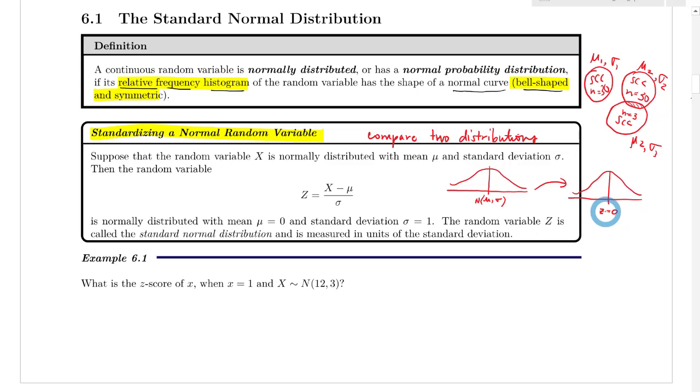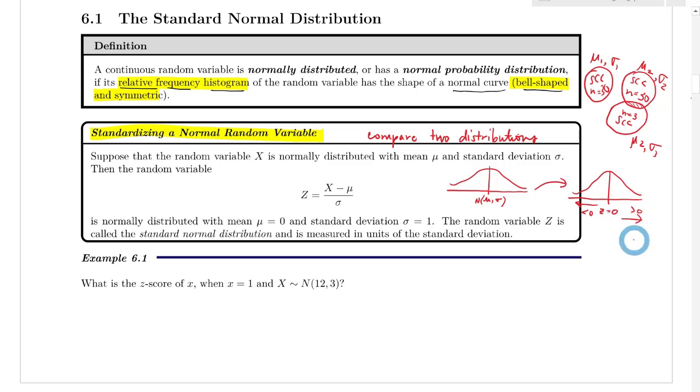Anything to the left of the z-score of 0 is below average, and anything to the right is above average. That means when z-scores are negative, less than 0, they're below average, and when they are positive, on the right side, they're above average.